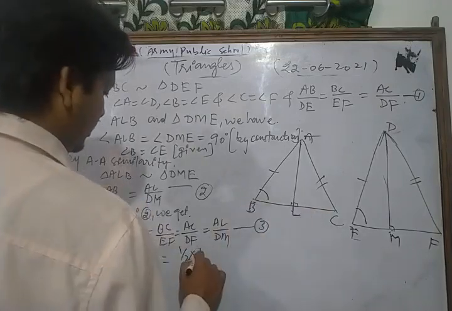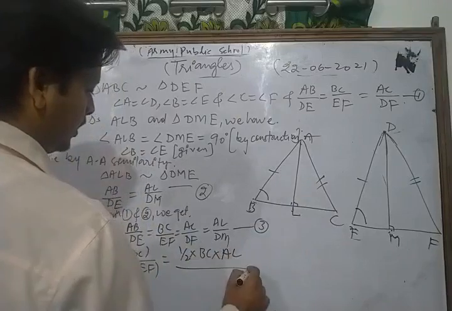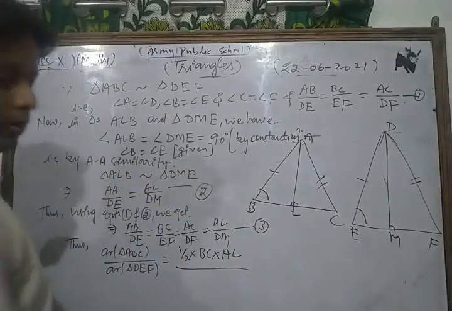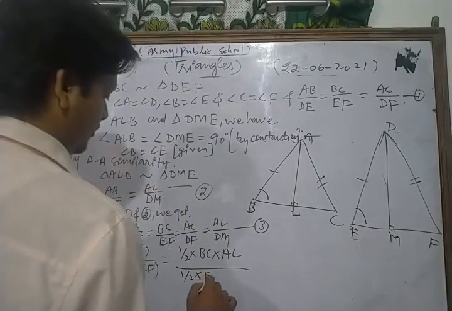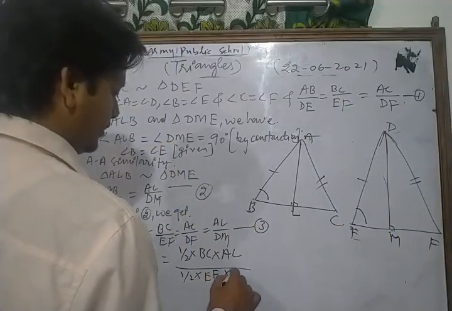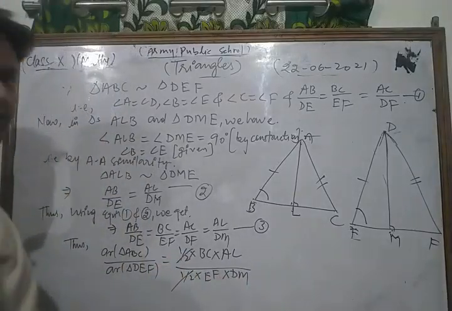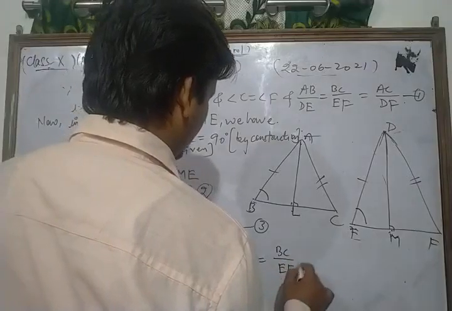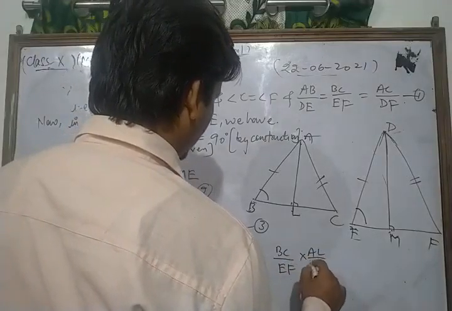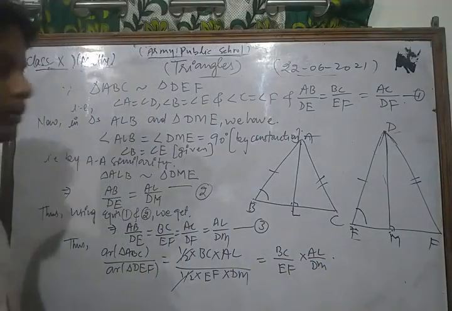Base is BC and height is AL. Similarly, for that triangle, 1 upon 2 into base EF and height DM. Now the 1 by 2 cancel each other, so we get BC upon EF into AL upon DM.